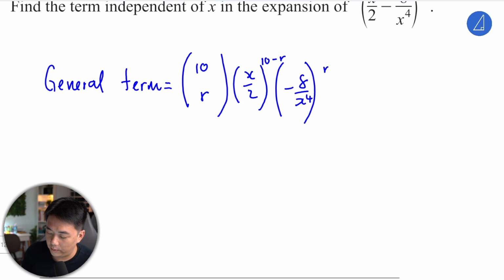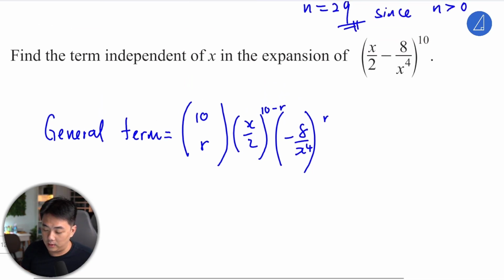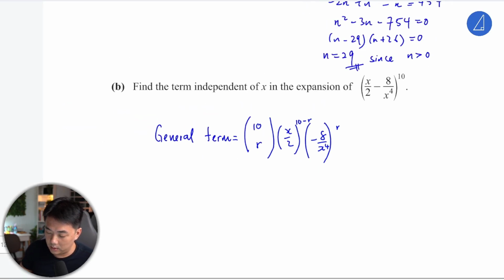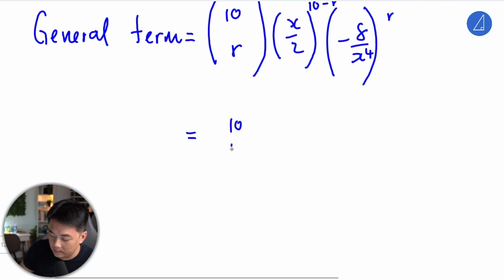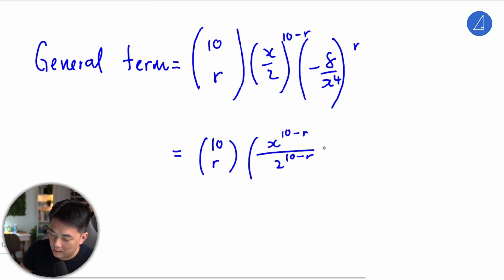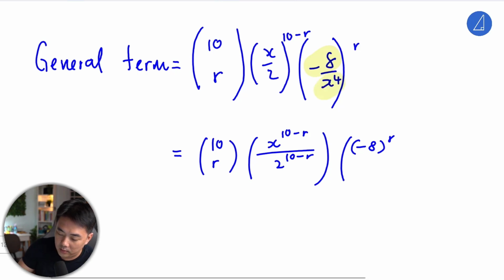So this case here, once I'm done with this, what I'm going to do is actually just try and use indices to separate the x and the constant out. Okay, so we'll look at this 10 choose r, a half and x. So maybe I rewrite this as x to the power 10 minus r. Similarly for this, I'm going to get minus 8 to the power r. So I'm going to group the negative with the 8 together, and this will be x to the power 4r.